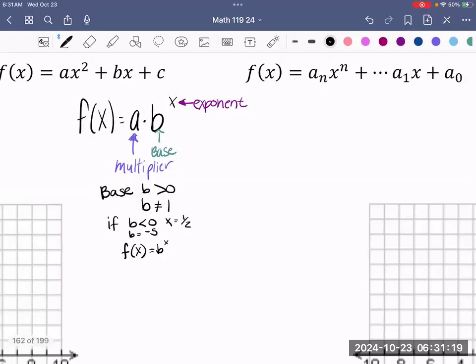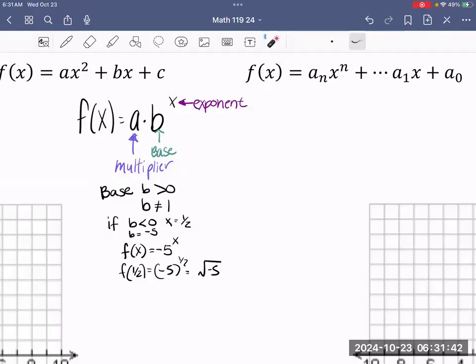So we have (-5)^x. So if x is 1/2, you now have (-5)^(1/2). So that's a square root of -5. Is that possible? No, so we're not going to be able to have a negative base here because your exponent matters, what the value or the degree is, because we cannot evaluate certain values. So that's why we have your base being a non-negative number.